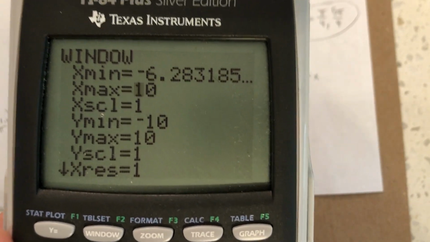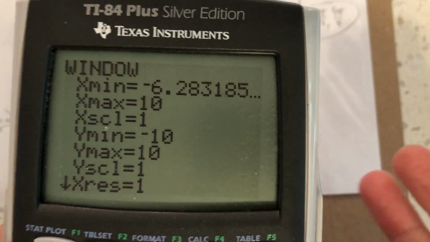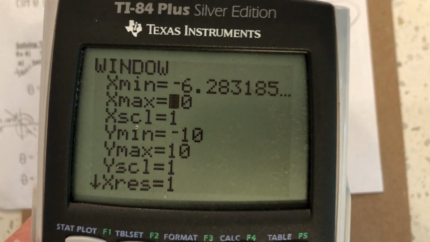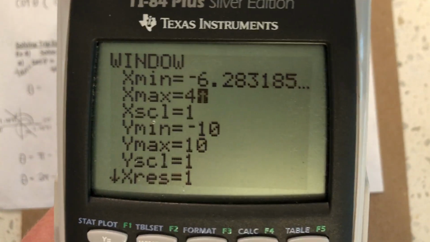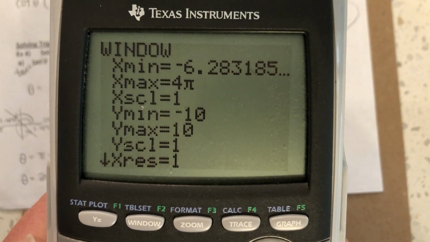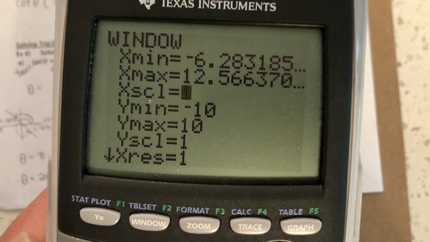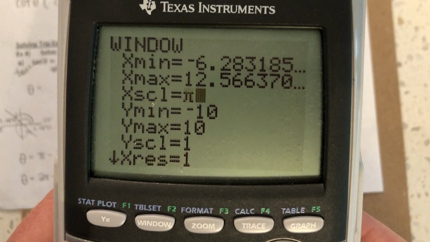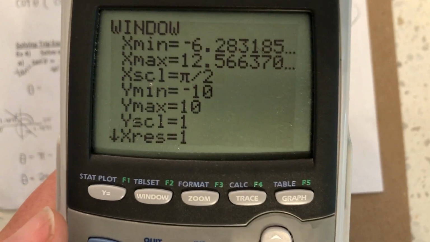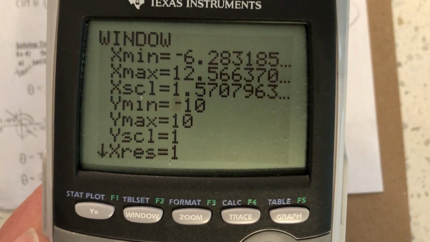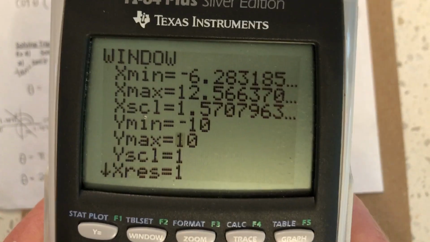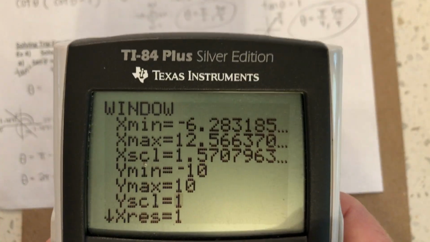That's negative 6.28, right? Negative 2 times 3.14. Let's make our x max 4 pi. Let's see 2 periods at least. That's going to change it to a decimal. All right, and let's make our scale pi over 2. Let's count by pi's over 2, like a normal graph we do. It's going to change it to a decimal, 1.57. For y, I'm going to go with negative 10 and keep it at 10, and keep the scale as 1. So now hit graph.